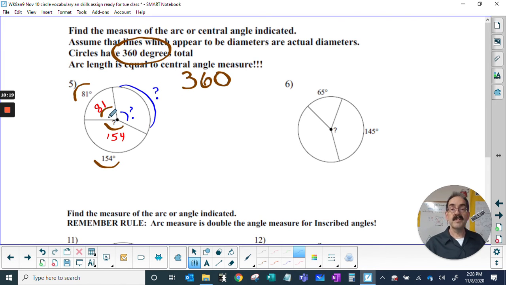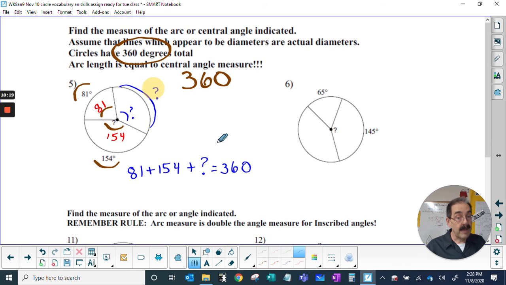Okay, so 360 is made up of 81 plus 154 plus something to equal 360. Okay, do a little math, figure that out. 235 plus something is 360.